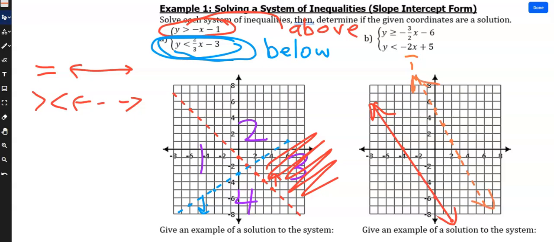Okay, so the orange one, which is the second one, is less than, shading less than. That would be below. And the red one is greater than, so that shades above.